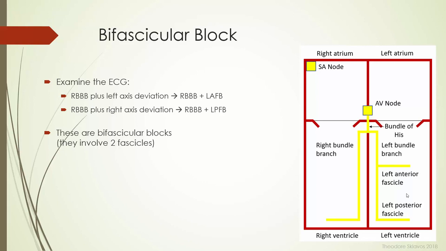And depending on which way the axis is going, you know whether it's a left anterior fascicular block or a posterior fascicular block that's accompanying this right bundle branch block. Okay, and so you call that a bifascicular block, and depending on the axis, you know which fascicle is involved.